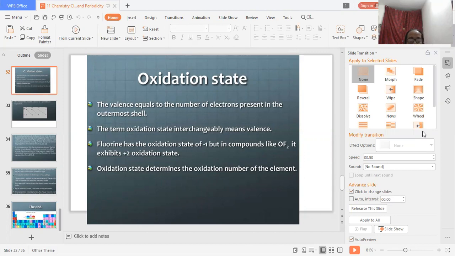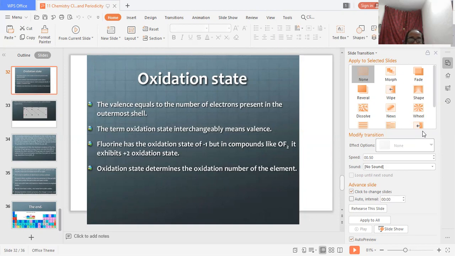It means if any element, after donating or receiving electrons, fulfills the outermost shell, and this number is represented with the help of a charge sign, it is called oxidation state or oxidation number.